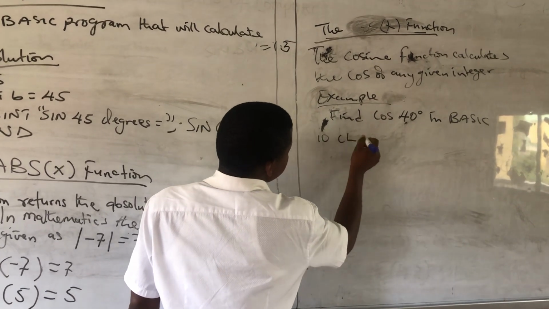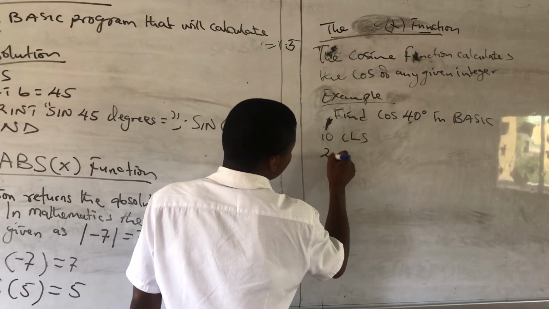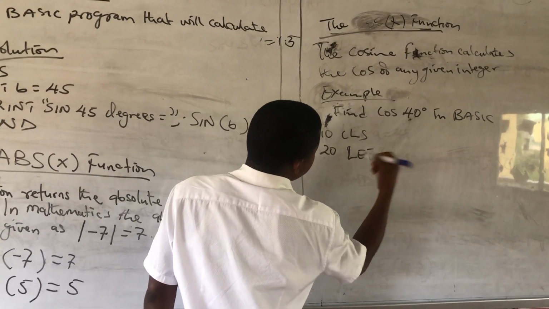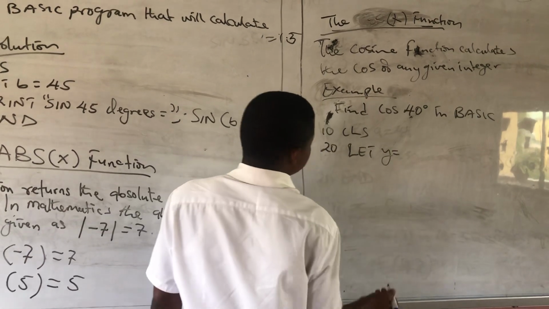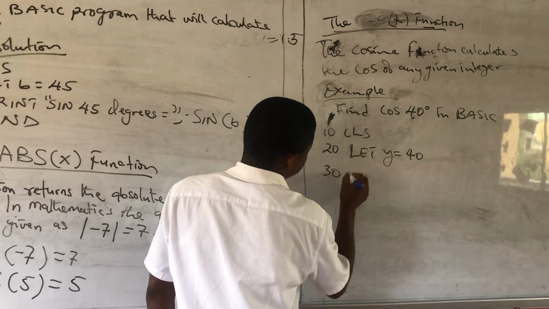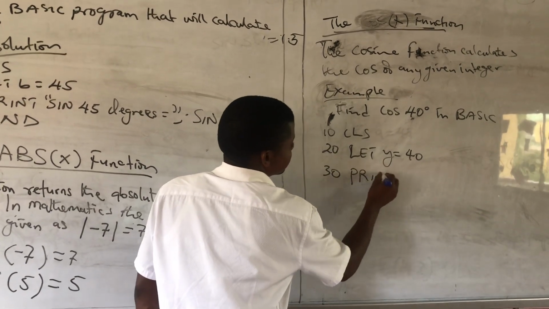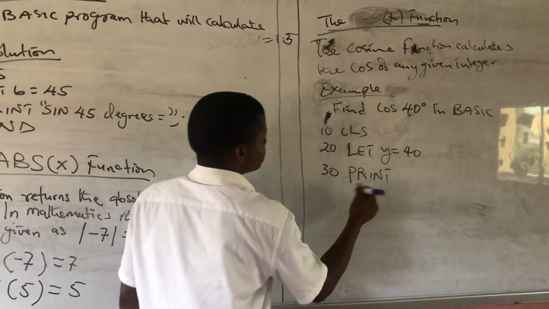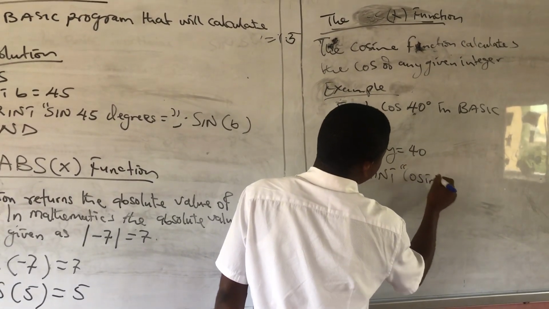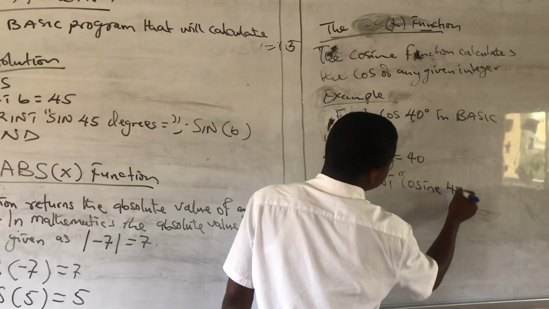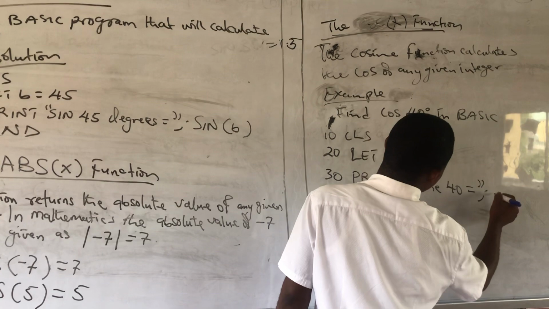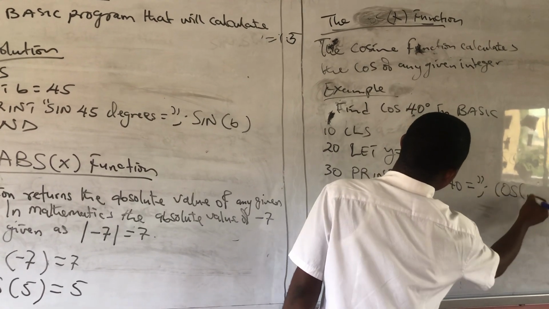Line number 10 CLS, line number 20, we just put let any variable of our choice, y equals to 40, and then we print this at line number 30, print cosine 40 is equals to, then we put cos y.